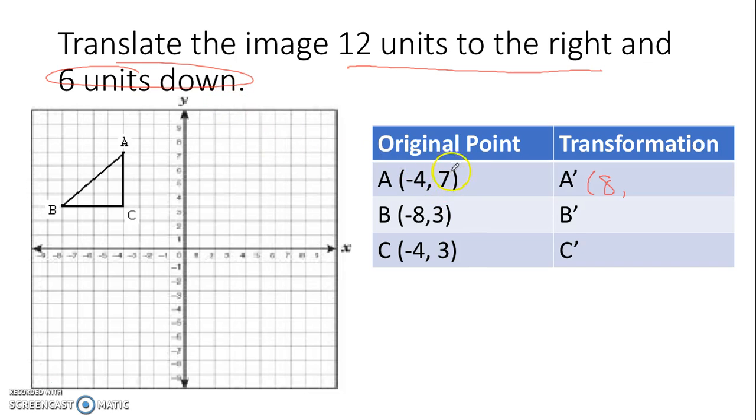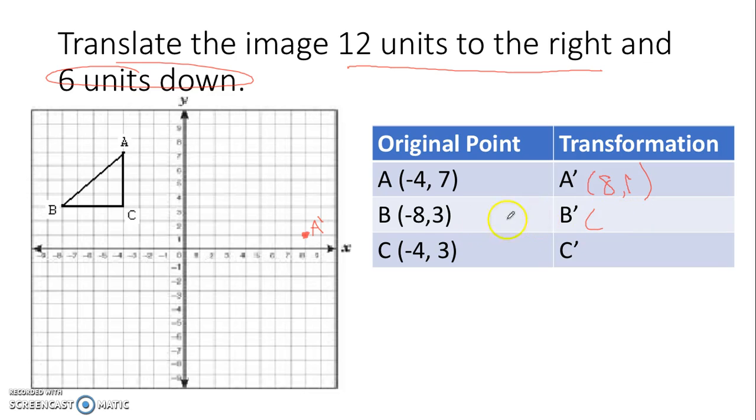So 7 on the original point, or the y-axis, 7 minus 6 is 1. So our new point, or our transformed A prime point, is going to be at (8, 1). So we're going to go over 8, up 1. Alright, so that is A prime.